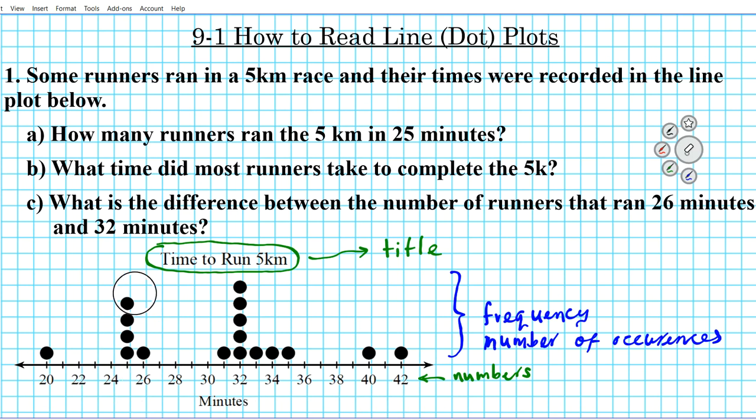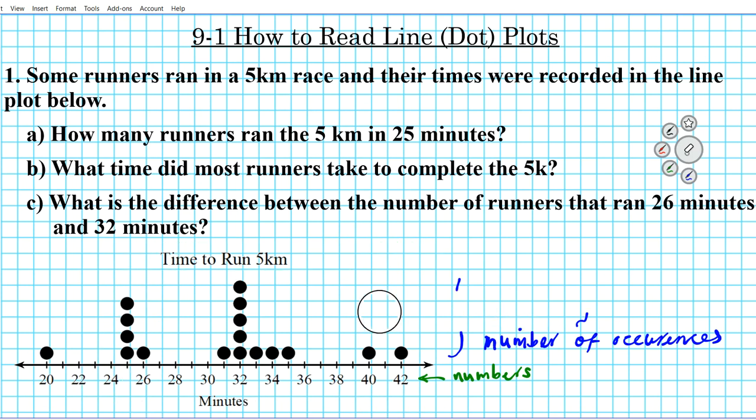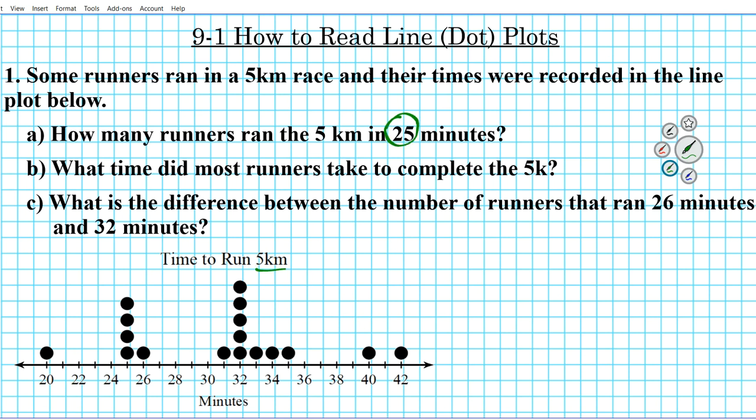So let's go ahead and attack the questions. The first part says, how many runners ran 5 kilometers in 25 minutes? All of these data points represent the 5-kilometer race because that's what the title tells you. So we're looking for how many ran 25 minutes. We identify where 25 is, between 24 and 26 right here.